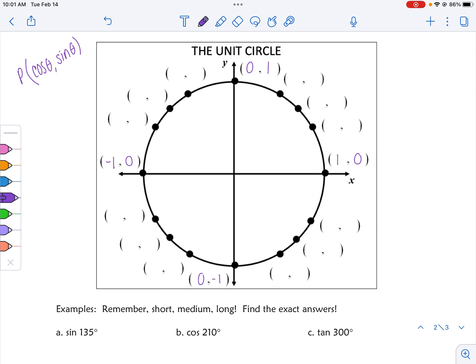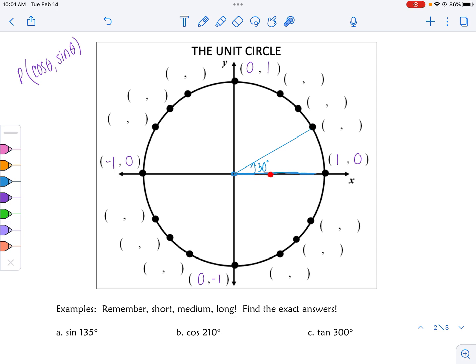The next ones are our special right triangles. I'm going to start with the first dot here, which represents our 30 degrees. We're going to use special right triangles as a backup, but really we're going to look at small, medium, large. What I mean by that is starting always at the origin, 30 has the longest length compared to 45 and 60.